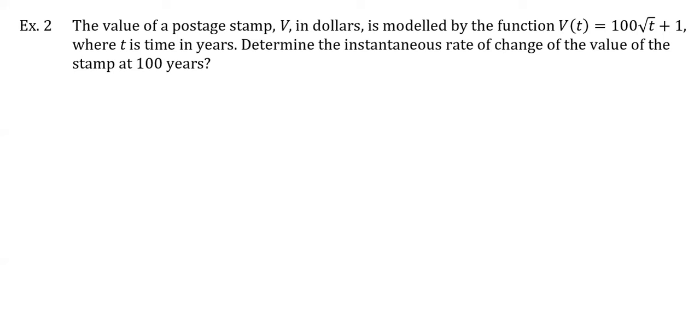Okay, so V is the value and t is time in years. Determine the instantaneous rate of change of the value of the stamp at 100 years.